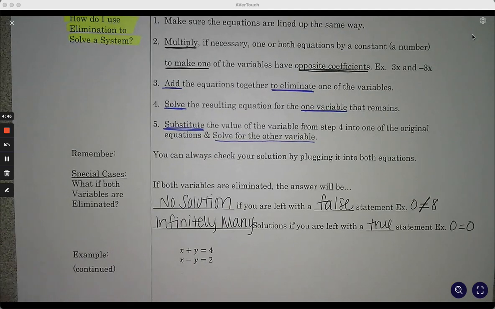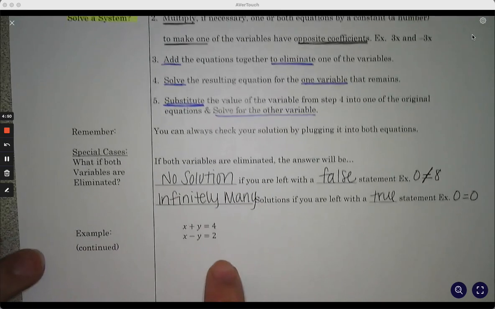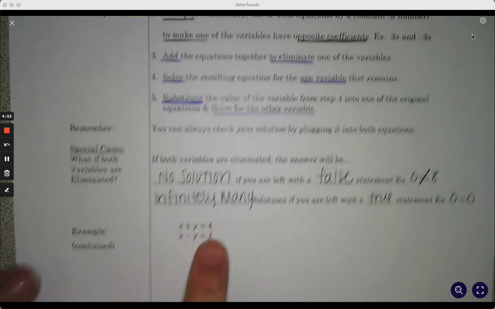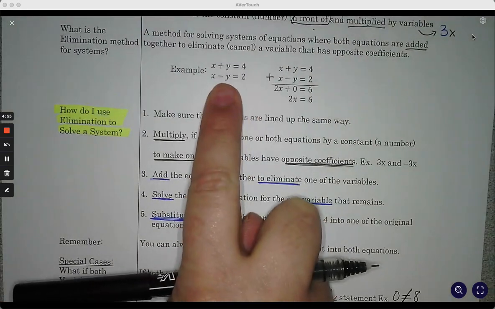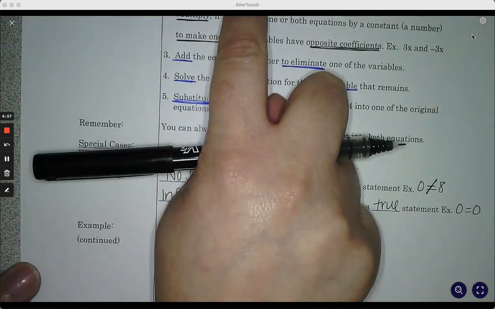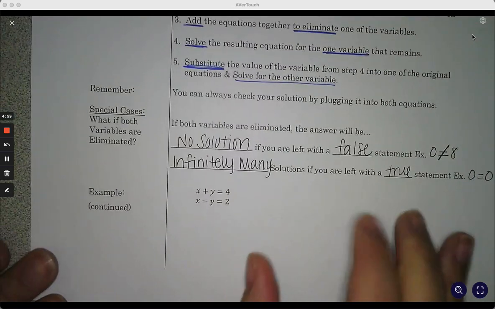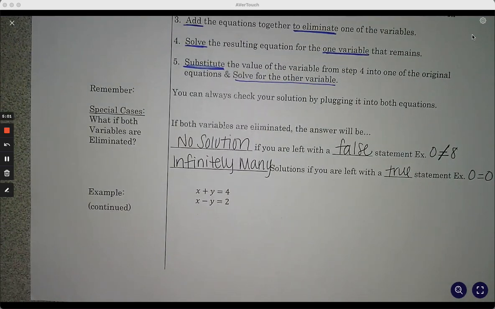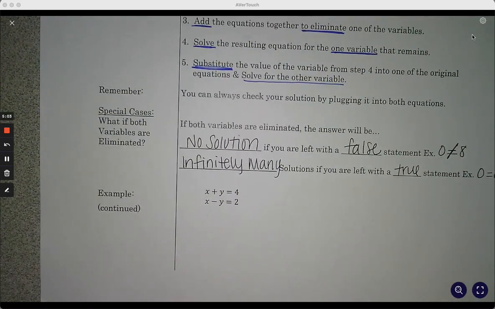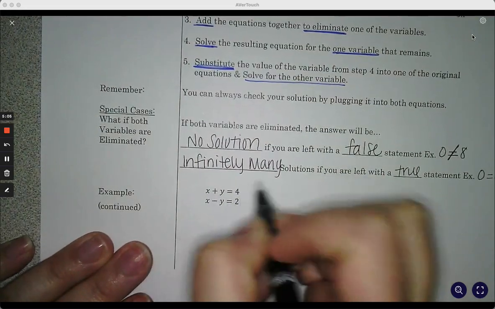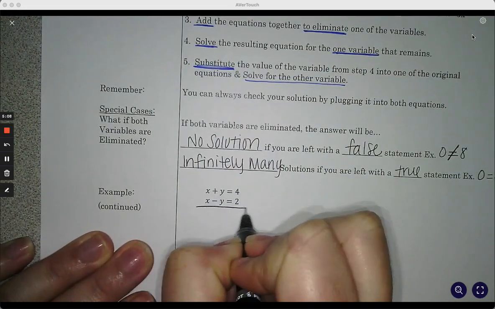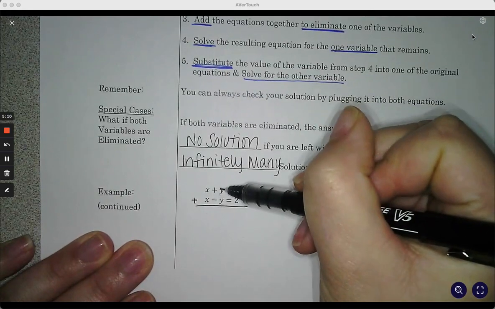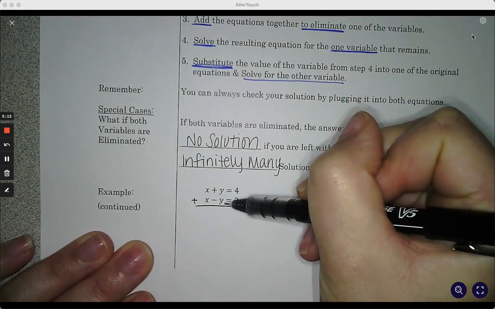Okay, so a couple of examples. Let's go ahead and look at this one. Okay, we're going to solve these. We actually already looked at this one up here. We're just going to work through it and solve it. Okay, so we have x plus y equals 4 and x minus y equals 2. So everything's already lined up. There's nothing I need to multiply here because I can tell that there's a positive y and there's a negative y.